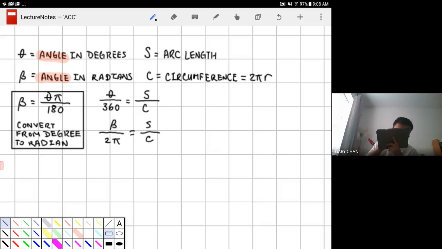So this is the proportion for finding arc length.